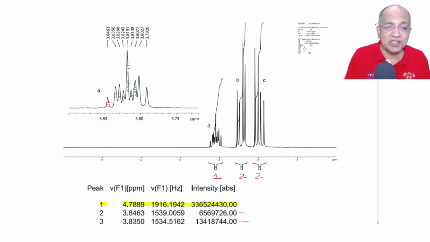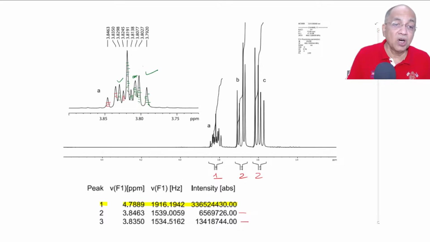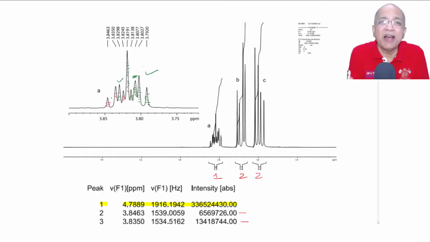This crossing has been possible because the J values are very close.